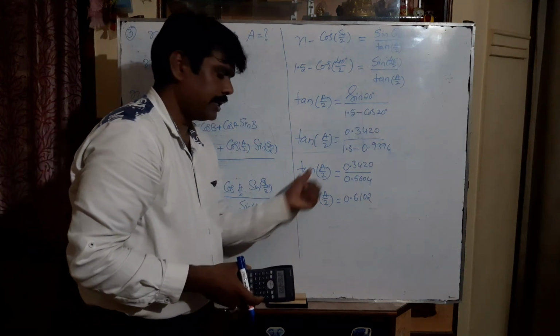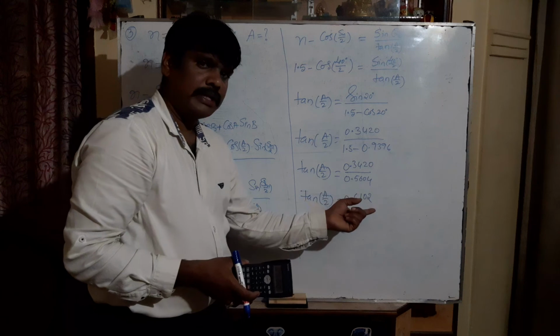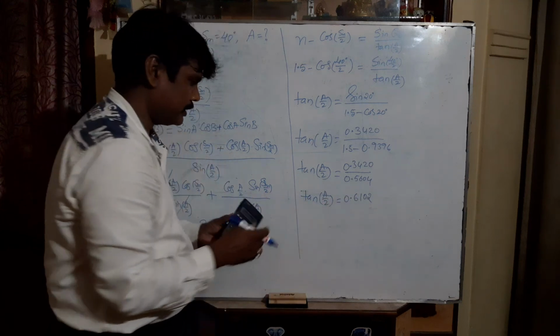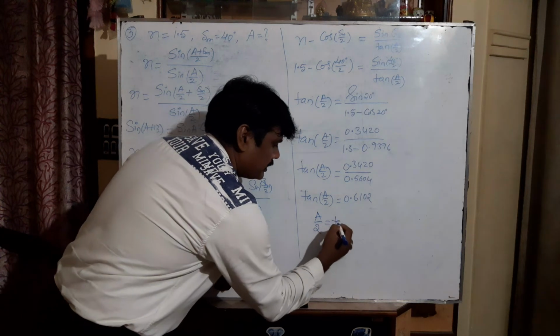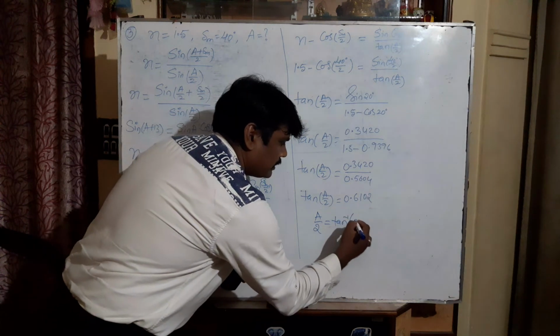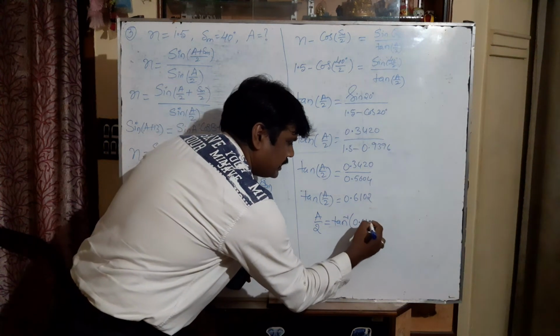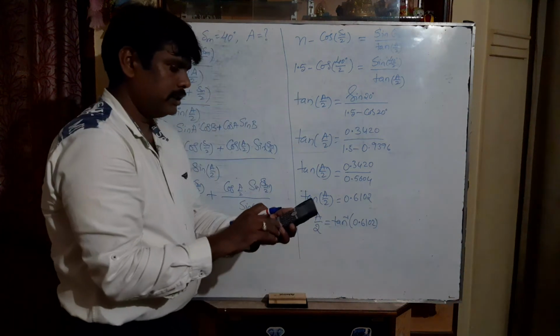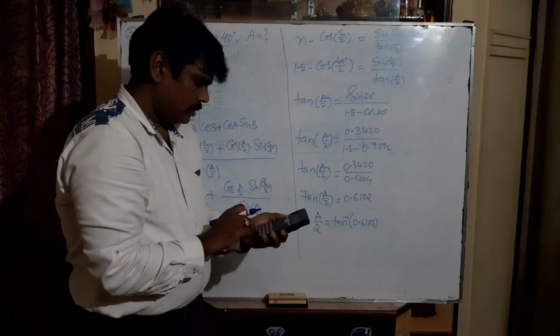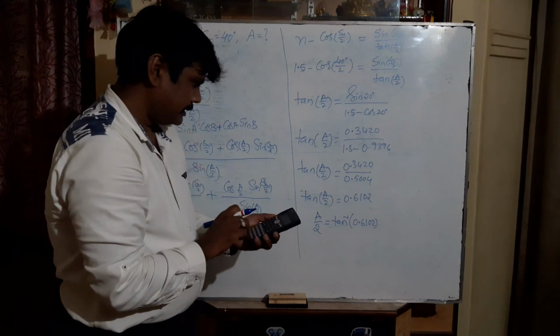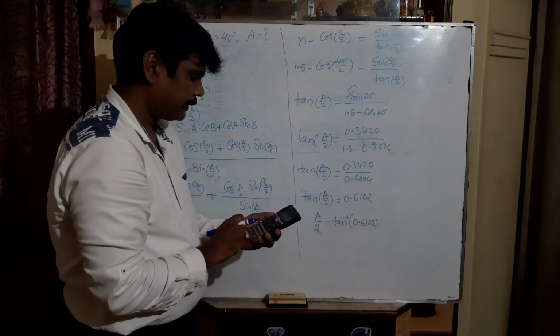Now you know how to take the A by 2 value. Just transfer to the right hand side. Tan function is transferred to the right hand side, it will become tan inverse function. So therefore, in the next step, A by 2 can be written as tan inverse of 0.6102. So I will get the value here. Tan inverse of 0.6102.